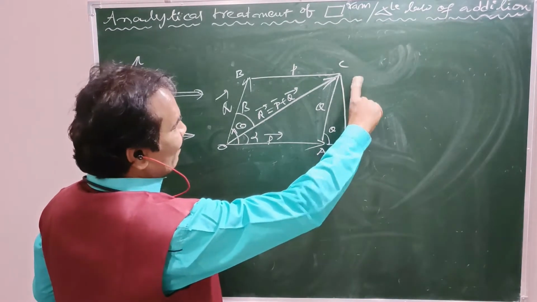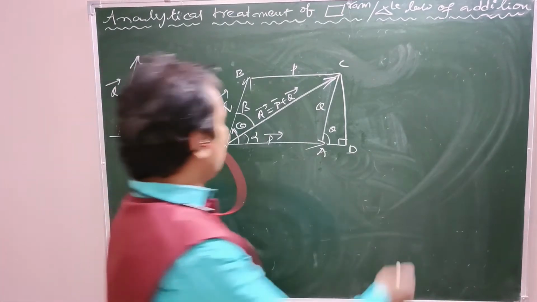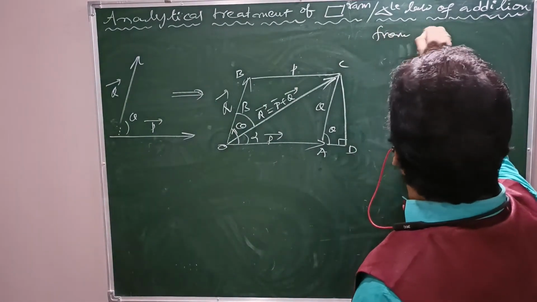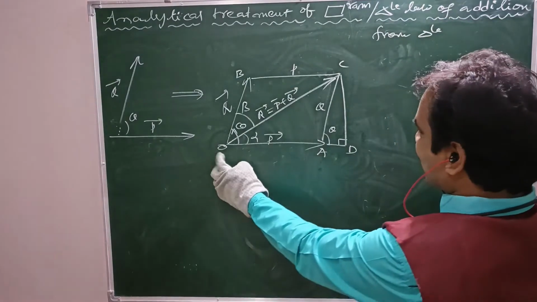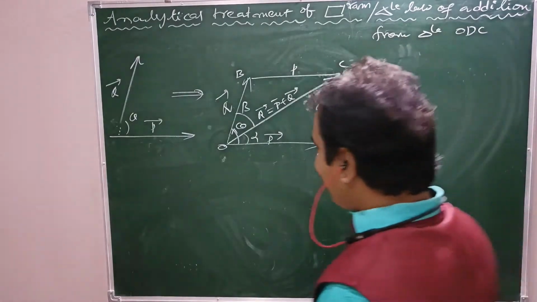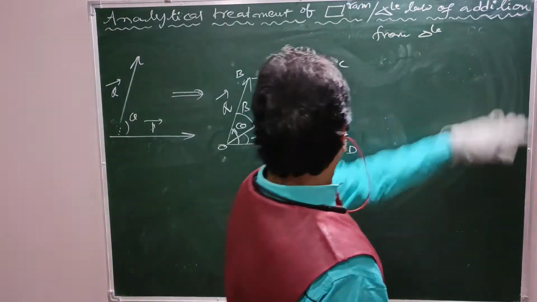Right? Now, let us see the side CD, otherwise side AD. Take the right angle triangle ADC.